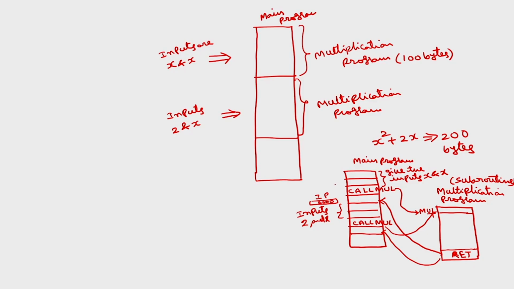So, whenever a call instruction is executed, whenever a subroutine is called in the main program, before you go to the subroutine, you have to store the contents of the instruction pointer in a temporary location called the stack.